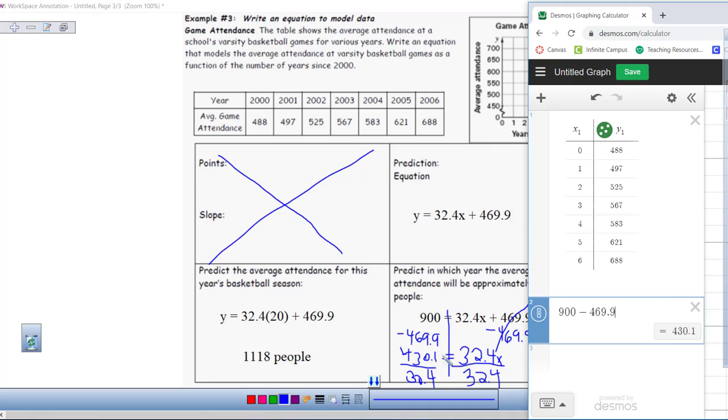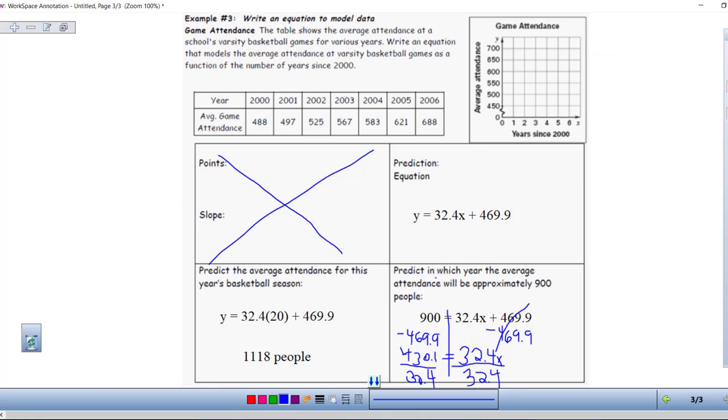Again, we can use Desmos to calculate that. We get 13.27. And this is talking about a year, so this would just be about 13 or 2013.